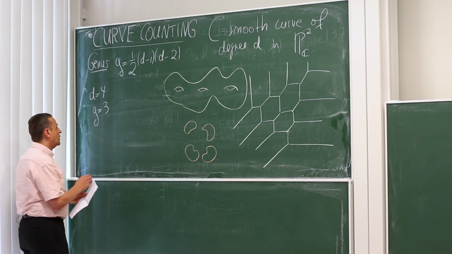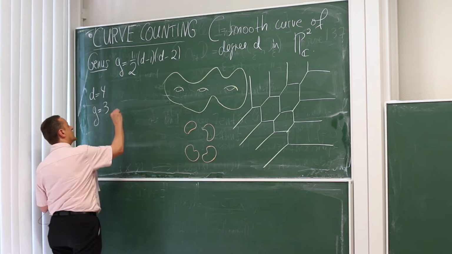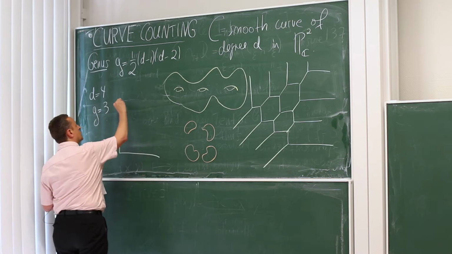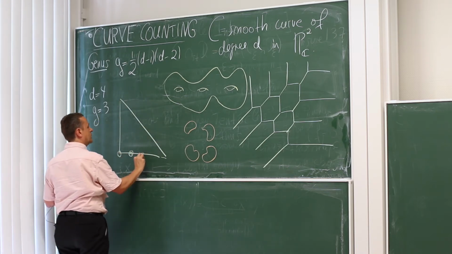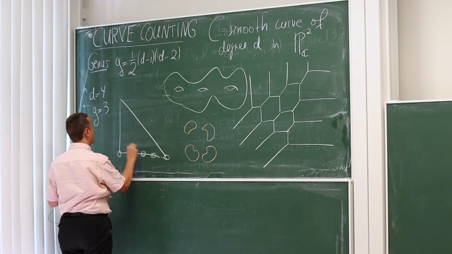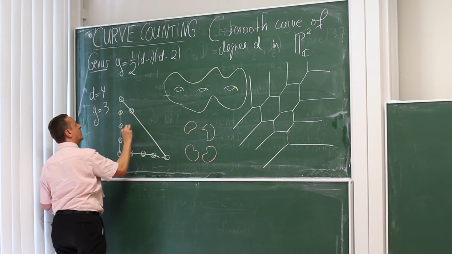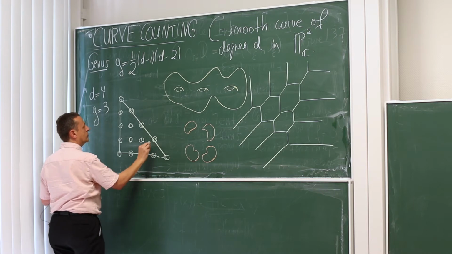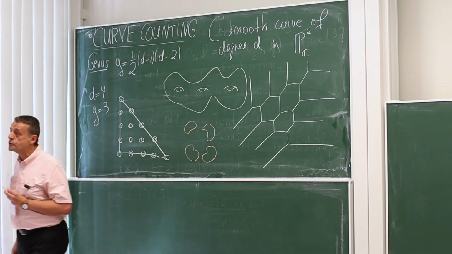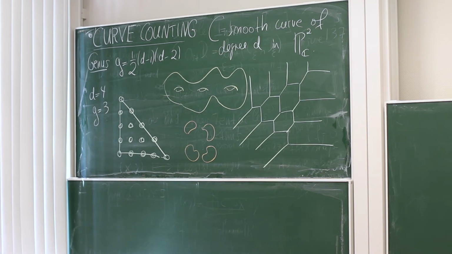And now let me draw the dual picture to the green picture. So we argued that we get this by drawing the Newton diagram, the Newton polygon, 1, 2, 3, 4, 1, 2, 3, 4. So I'm drawing the 15 terms in a general polynomial of degree 4 in 2 variables like this. And then this is the picture dual to a triangulation of the left picture.